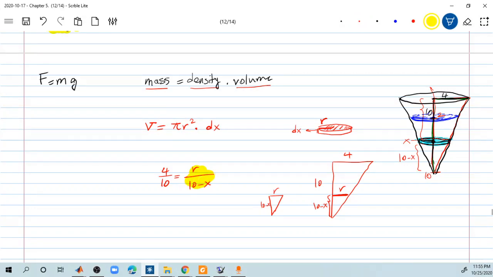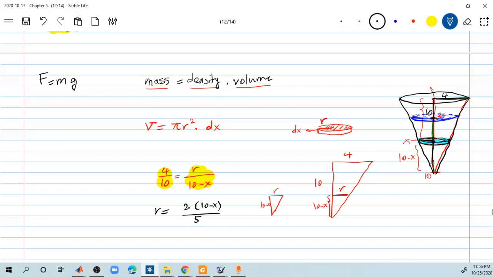This is the relation between two similar triangles: the ratios of the sides are equal. Therefore I can find r. Multiplying 10 minus x to the other side, r is 4 times 10 minus x divided by 10. By the way, you can simplify it: 4 and 10 simplify to 2 and 5. So we figured out what r is.